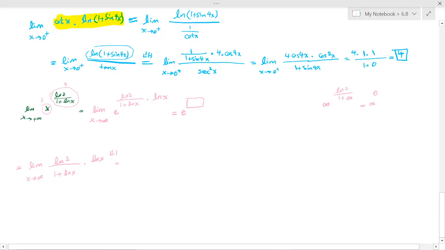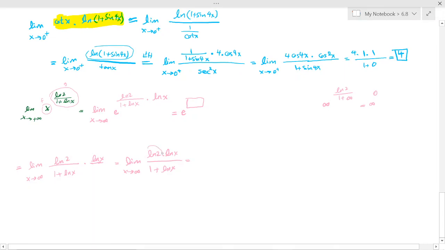So we require L'Hopital's rule. You can write this as one fraction as well. Maybe that would have been better in the next step. So let's write this as the limit of ln 2 times ln x divided by 1 plus ln x as x approaches infinity.